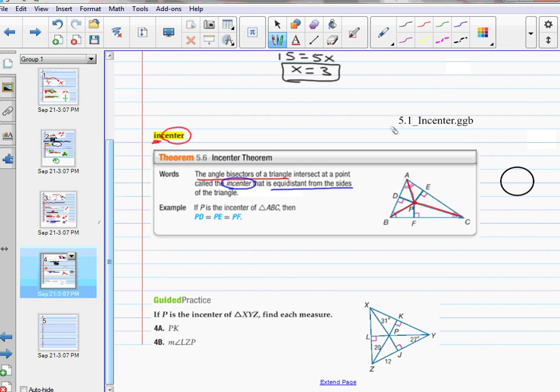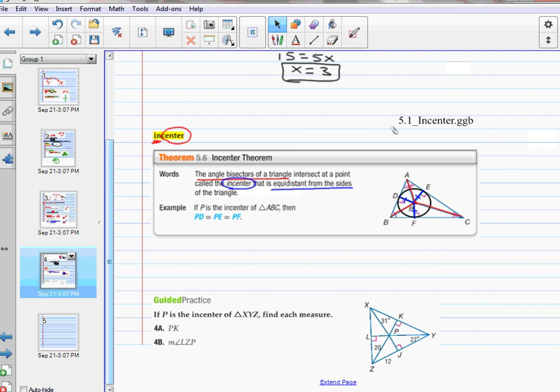If I go from that point and measure to the side, which would be perpendicular, because that's how we measure from the side, that length is the same as this length, is the same as this length. And if all those are the same lengths, I should be able to take a circle and put it right there where it exactly fits inside that triangle. It's equidistant from the sides.